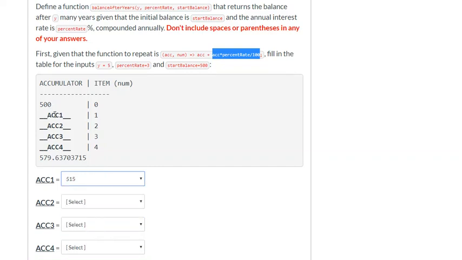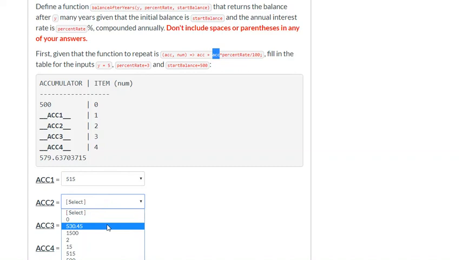Now you have 515 go into the accumulator and 1 go into num. Again, num is not used here, so we just do 515 plus 515 times 3 over 100, and that will be 530.45.